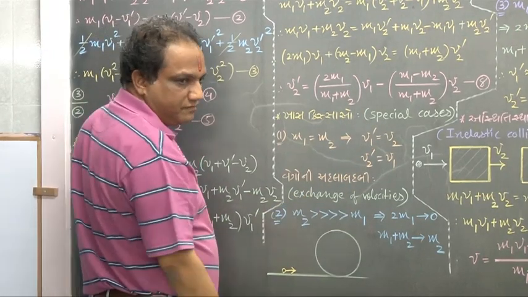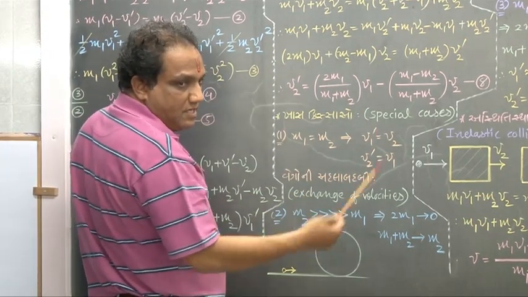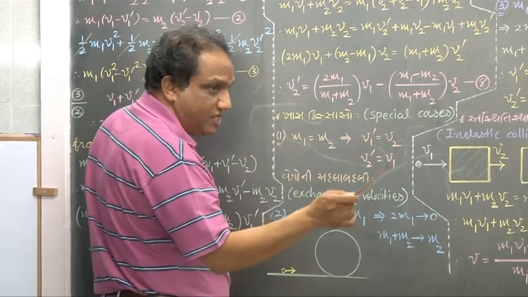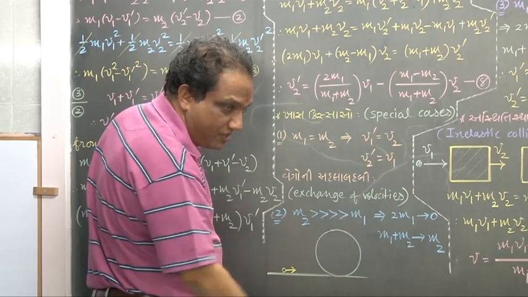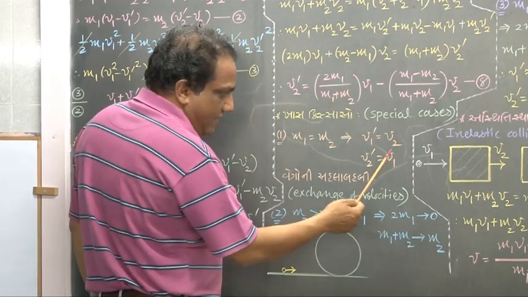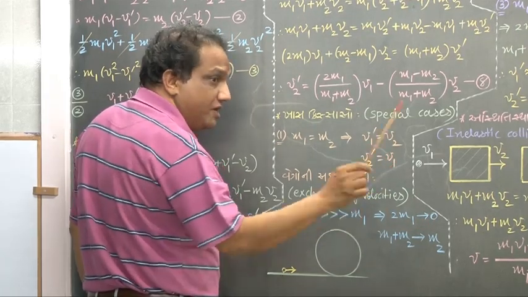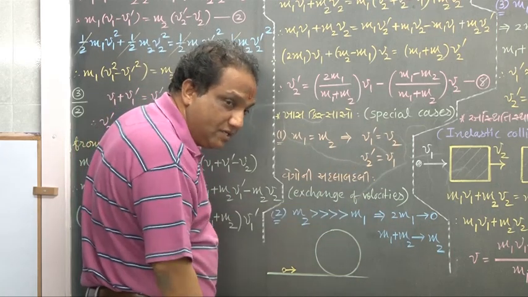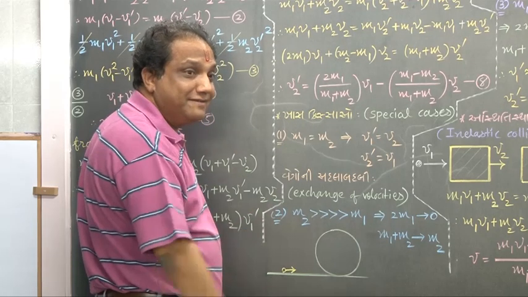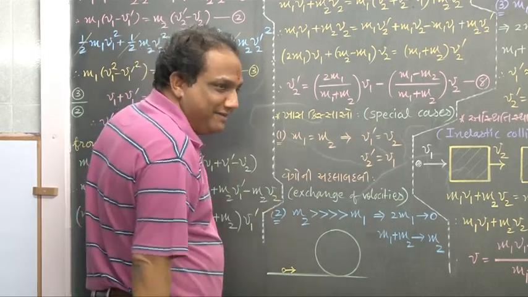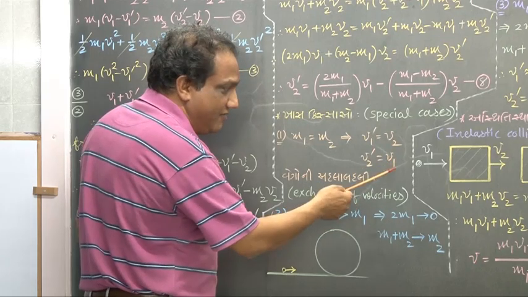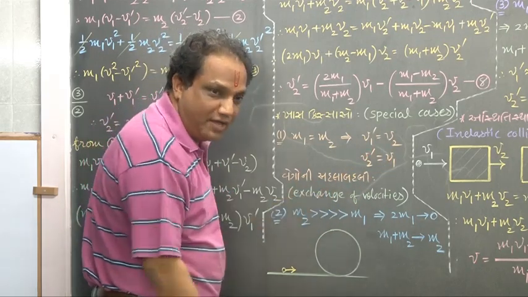What does it mean? The initial velocity of the second body is given to the first body in the form of final velocity, and the initial velocity of the first body is given to the second body in the form of final velocity. Correct? Whatever was the initial velocity of the first body, that body had given that velocity to the second body.